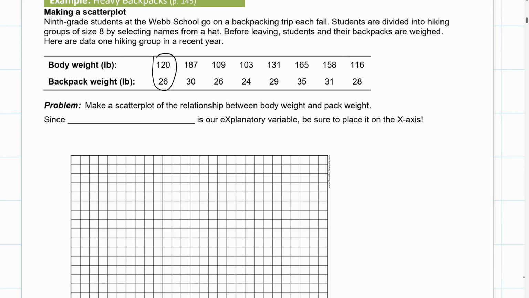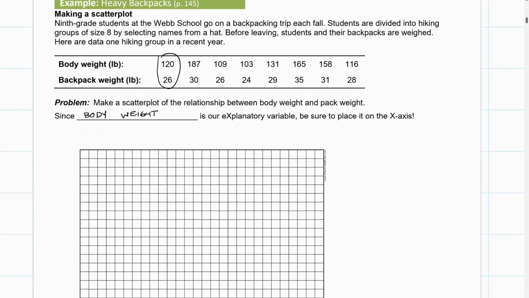Do we think there's an explanatory response relationship? Well, yes, I think body weight is an explanatory variable because someone who is bigger is more likely to be able to lift more. So body weight is my explanatory variable, and therefore I'm going to put that on my x-axis.